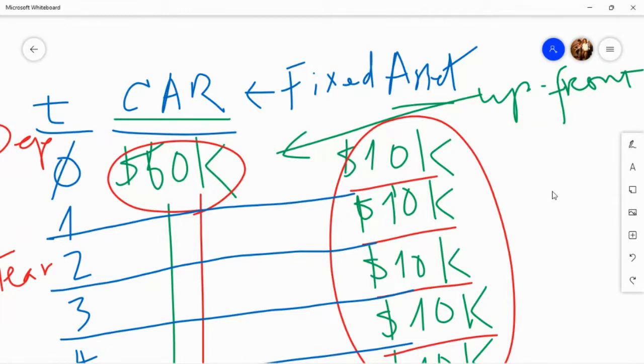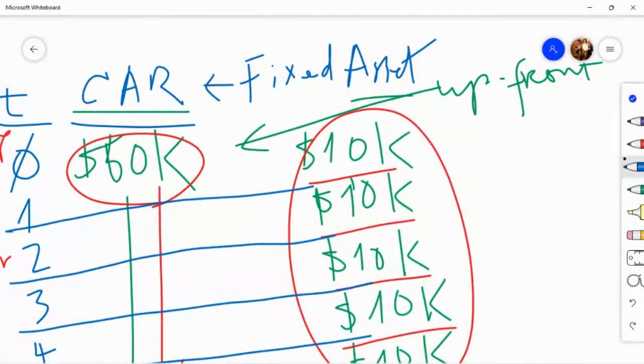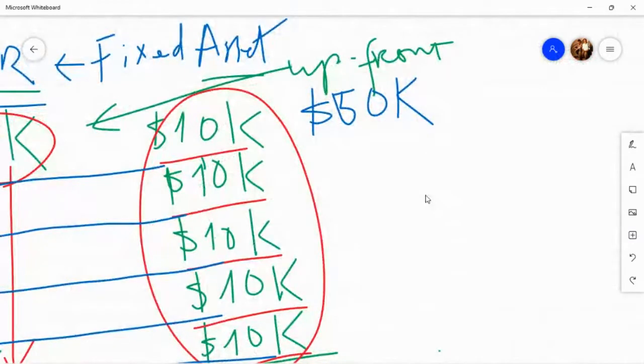Then normally you would like to write off that expense in year one. Isn't it right? Are you following? Does that make sense so far? Yes, Professor. Okay, good.